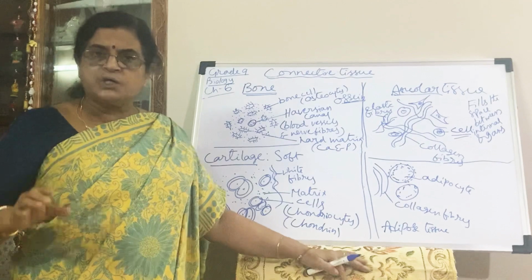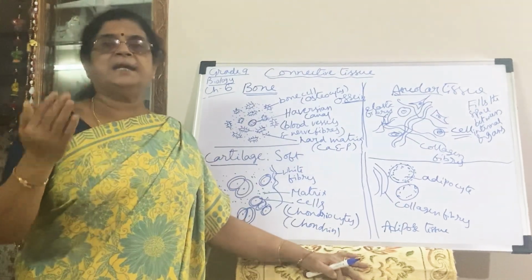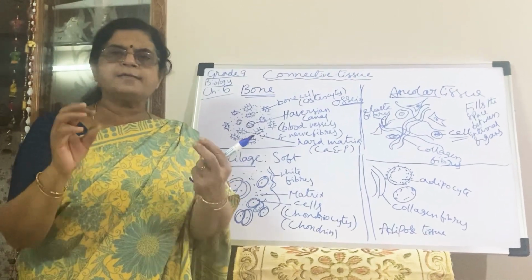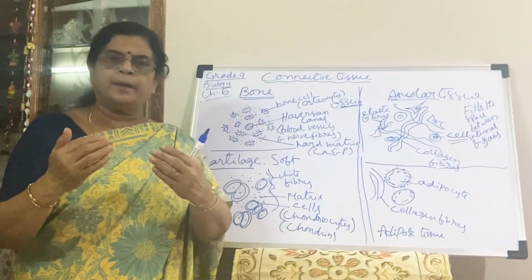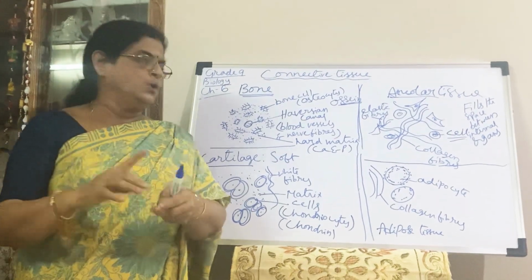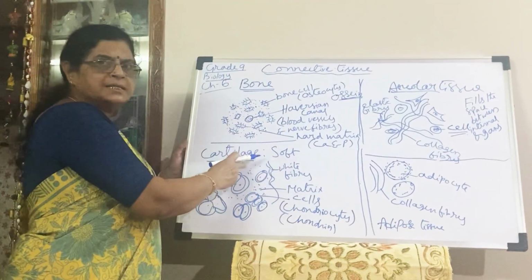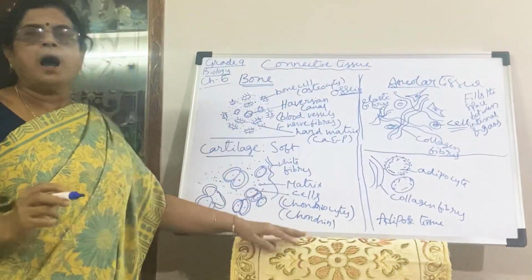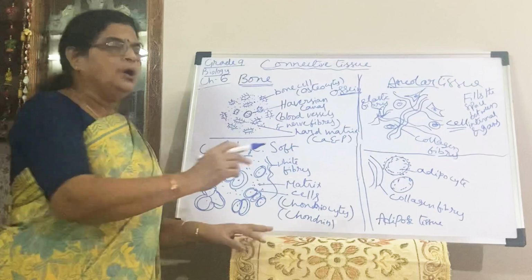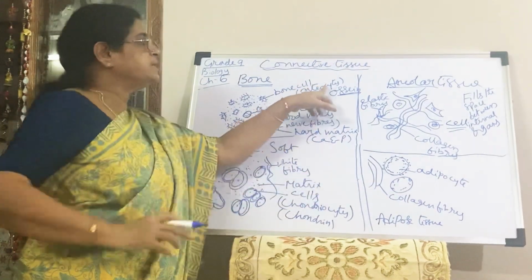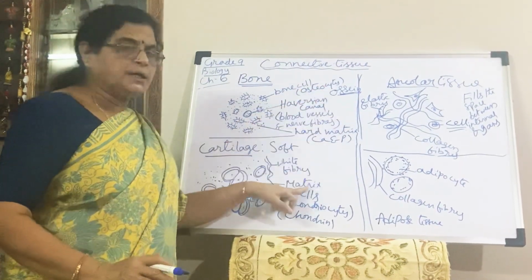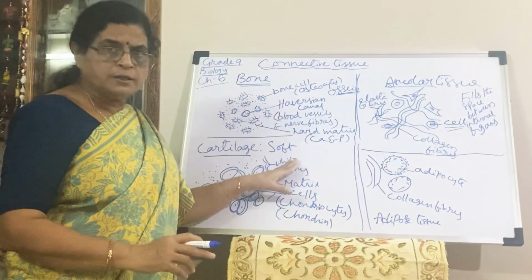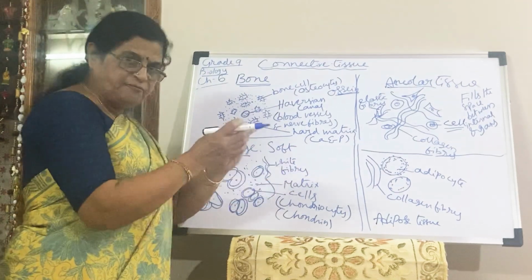Even shark-like fishes have a cartilaginous skeleton in their body. The bones of newborn babies are very soft, and as they grow they become hard bones. Now here, this cartilage has white fibers and a matrix. Cartilage cells are called chondrocytes. Bone cells are called osteocytes and cartilage cells are called chondrocytes. Bone is the hard substance, while this is soft bone and can be flexible.